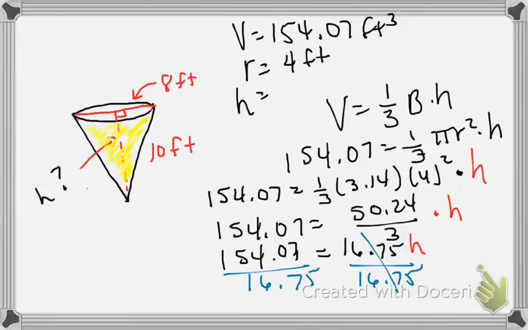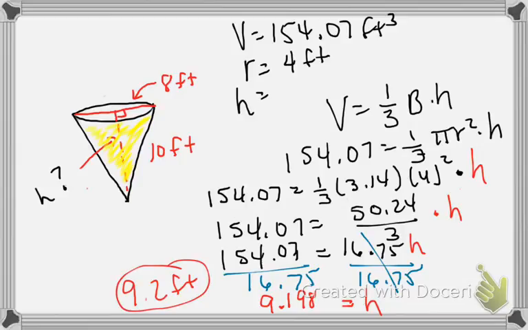So h is going to equal, now I'm going to take my calculator, 154.07 divided by 16.75 equals, and I got 9.198, which is going to round off to 9.2 feet, and that's what we had for our answer. So it worked out perfectly. Just a little rounding.